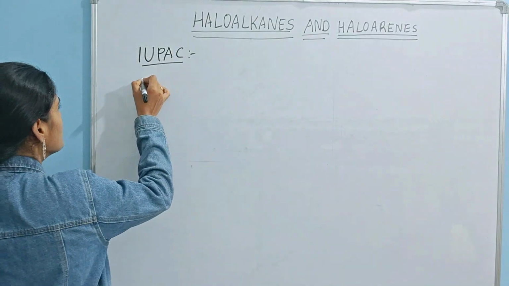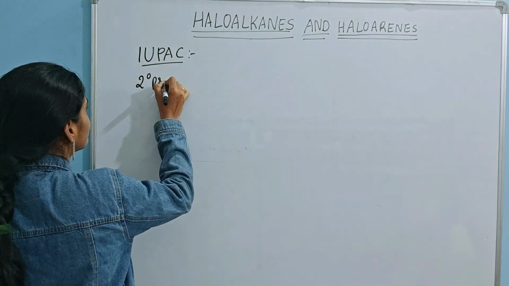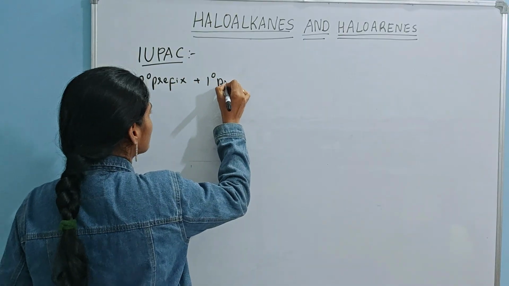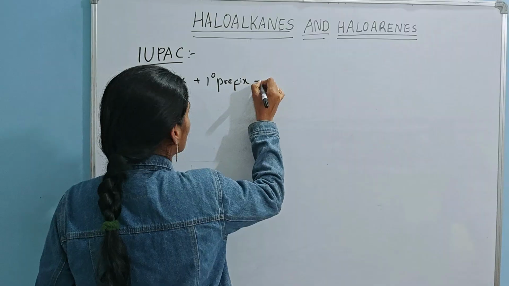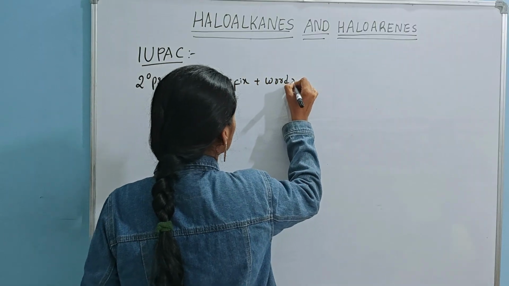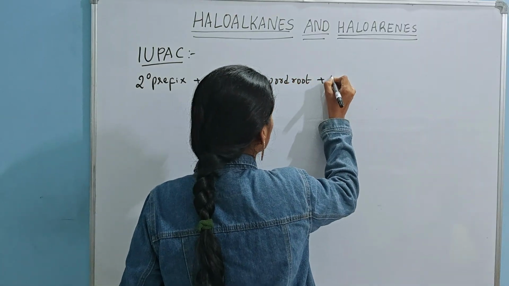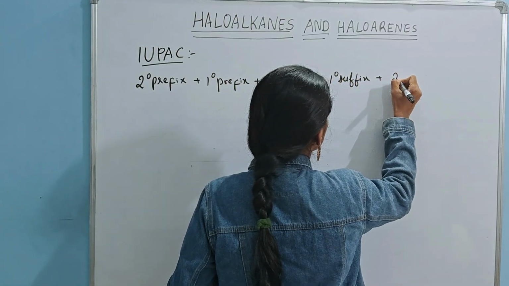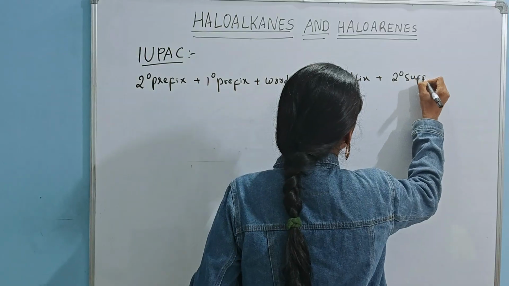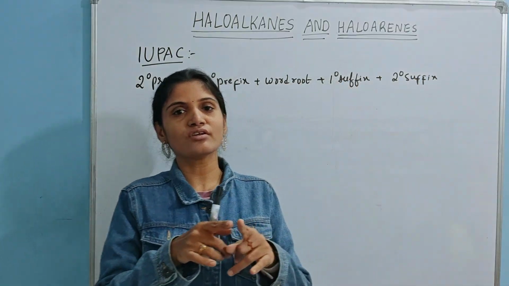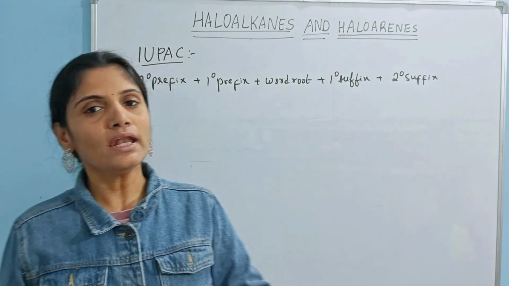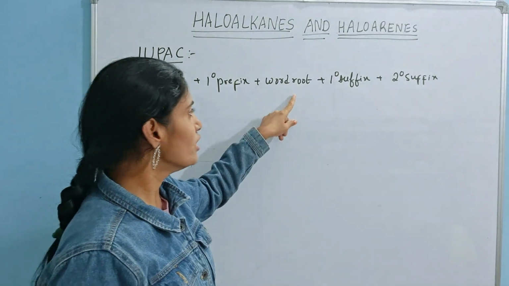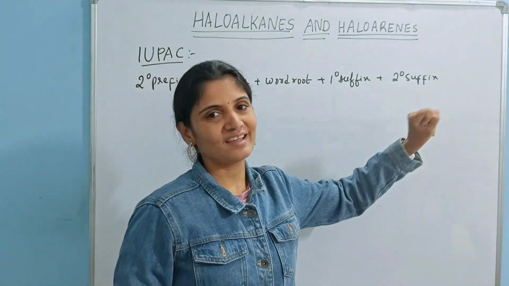Secondary prefix plus primary prefix plus word root plus primary suffix plus secondary suffix. So this is the basic structure to write any IUPAC nomenclature.